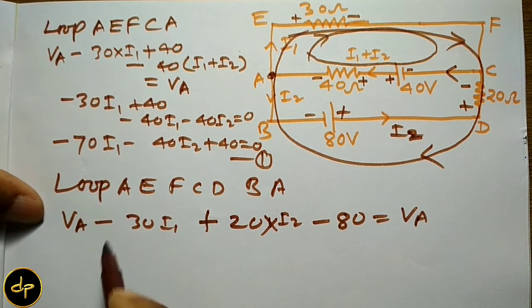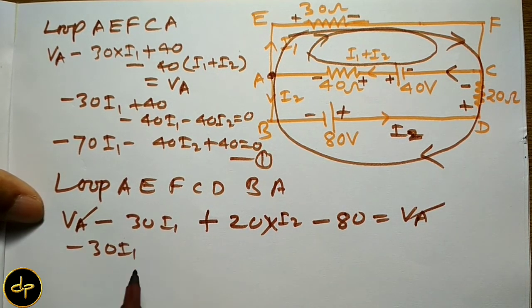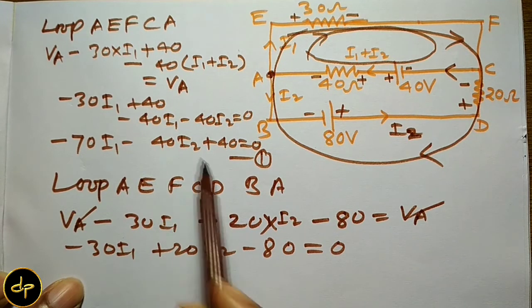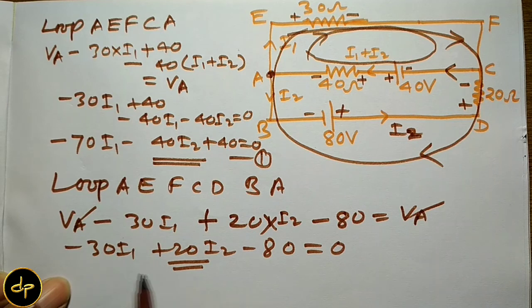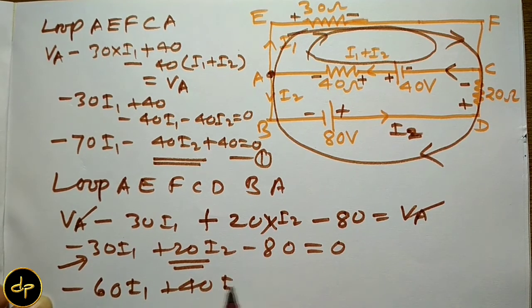So let us rearrange it. VA will cancel. This is minus 30 I1 plus 20 I2 minus 80 is equal to 0. So here it is 40 I2 and here it is 20 I2. We multiply this equation by 2. So this is minus 60 I1 plus 40 I2 minus 160 is equal to 0.